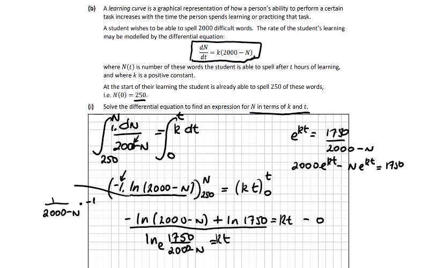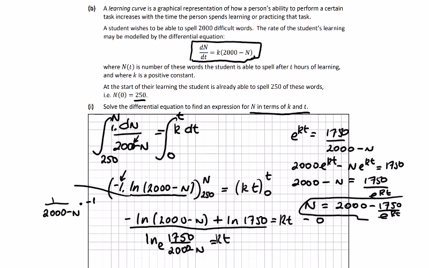So dividing by e to the power kt, I get 2000 minus n is equal to 1750 over e to the power kt. I know I could have done this a bit simpler. So n is equal to 2000 minus 1750 over e to the power kt. So this is n in terms of k and t.